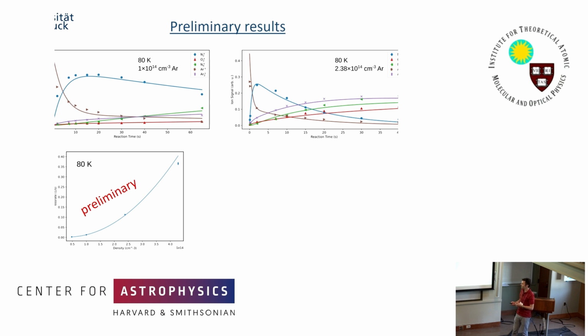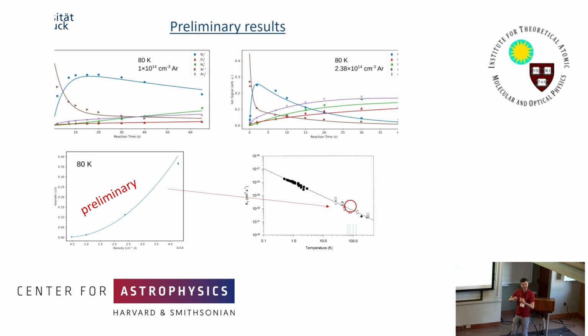Because there are still issues, I don't want to give a number, but I do want to say that it falls into the right ballpark, and we've taken measurements in this temperature range from about 67 Kelvin to 120 Kelvin. So once we get this figured out, we're optimistic that we can have some really nicely accurate temperature-dependent rates of this three-body reaction.